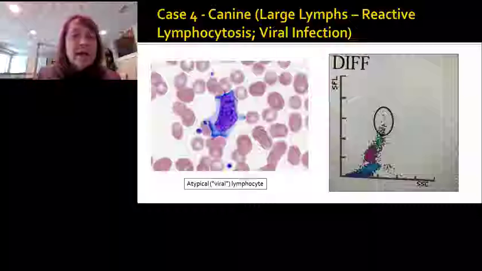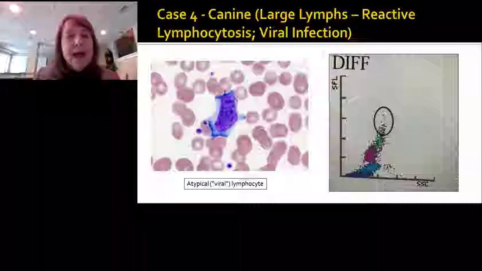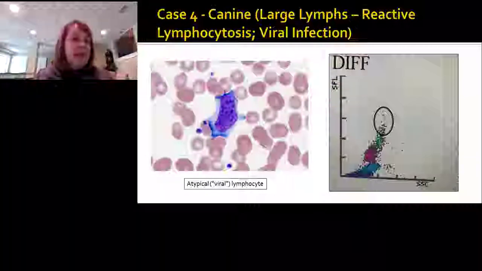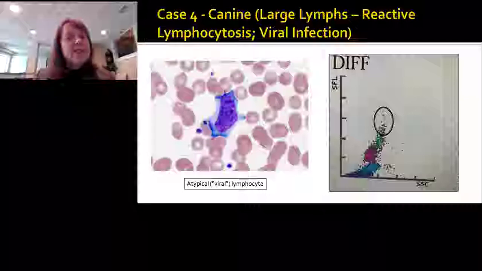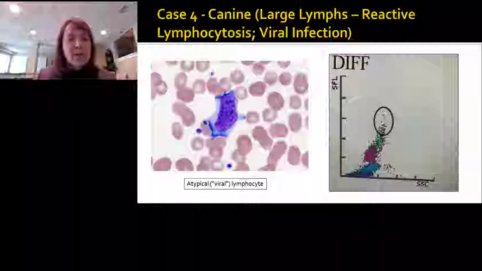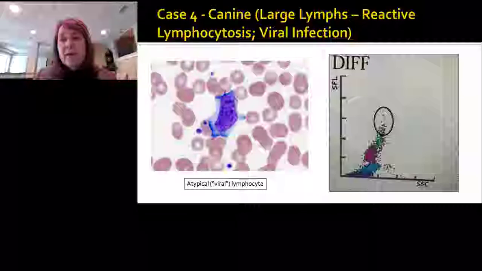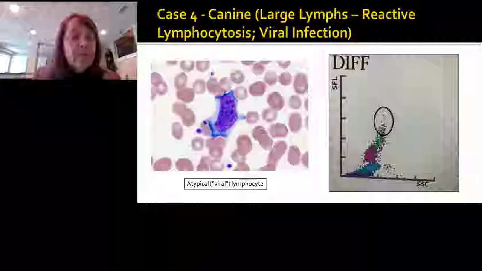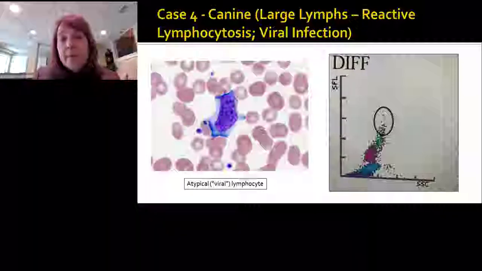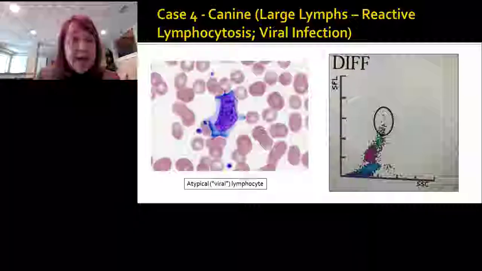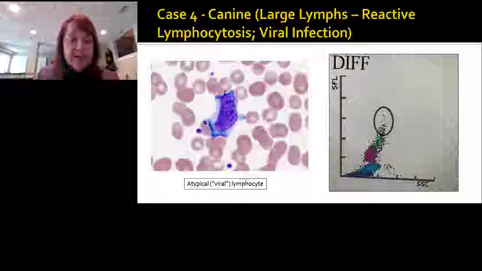And because they are larger, they fall in a category where they would have a larger nucleus and greater fluorescence, and they're different from our normal lymphocyte population. And this indeed was a case of viral infection and/or reactive lymphocytosis in this particular dog.